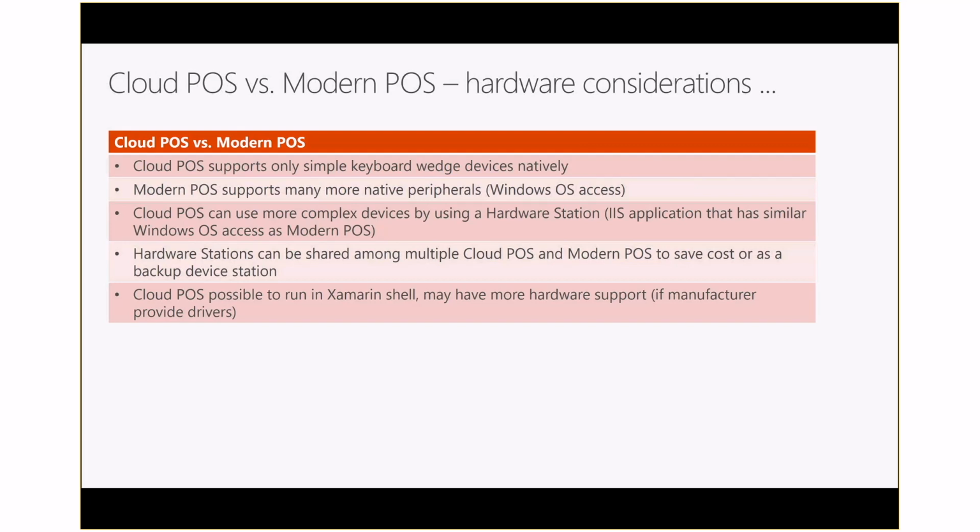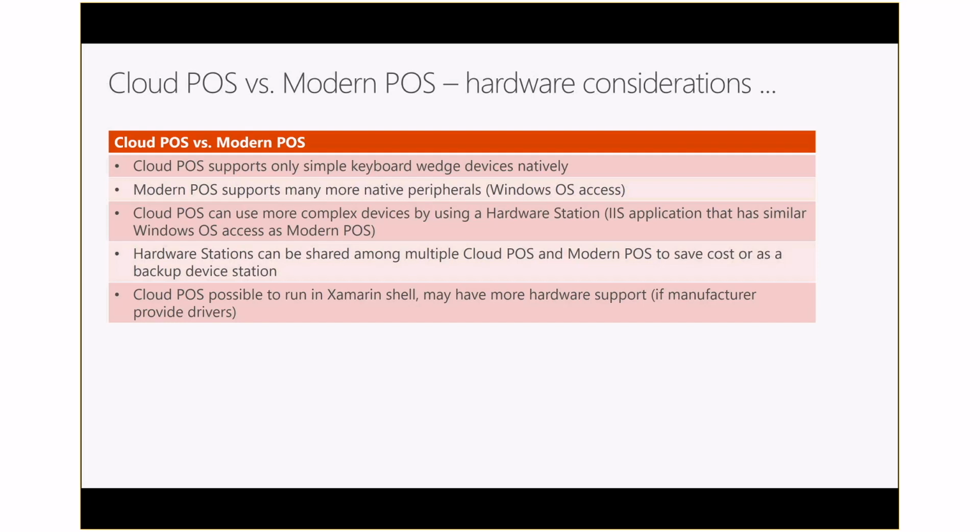Therefore, Modern POS can deal with all the hardware without necessarily needing a hardware station. But Cloud POS can use a hardware station to basically access the same hardware also. And as shown already in the slide before, hardware stations can be shared between two as backup, for example, or for other reasons.